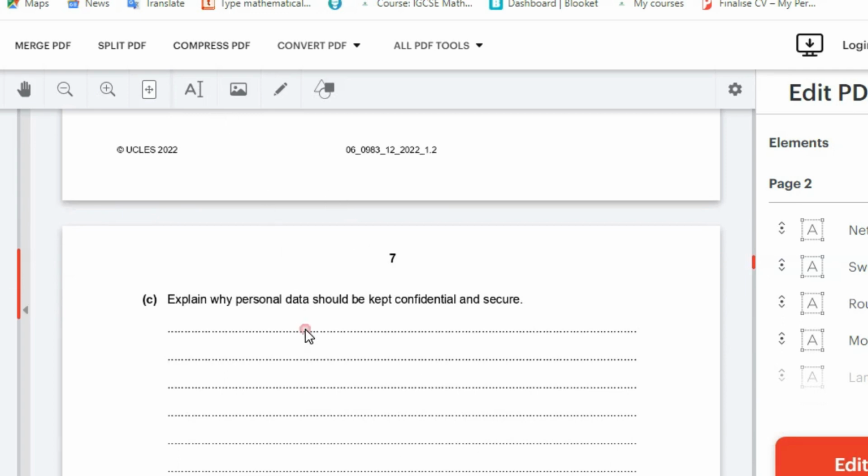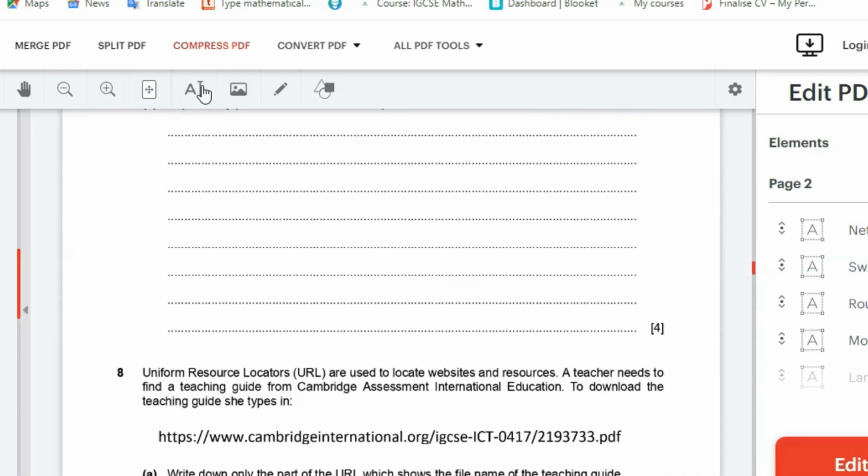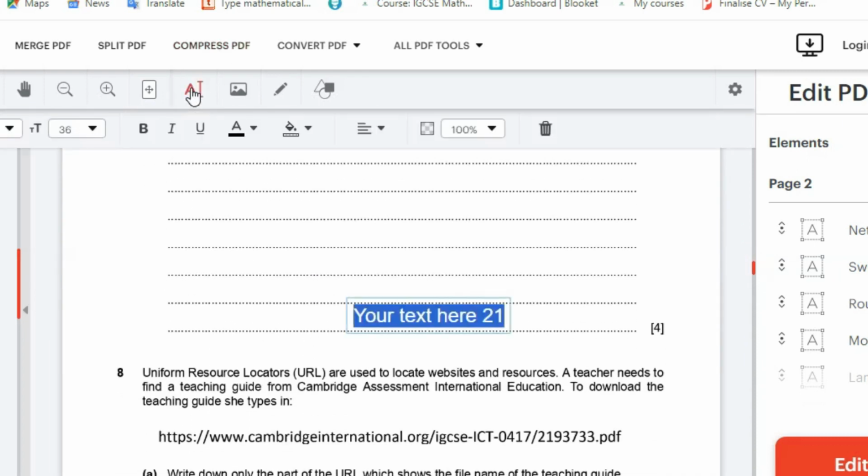So why should we keep personal data confidential and secure? One, the person can be identified from the data.